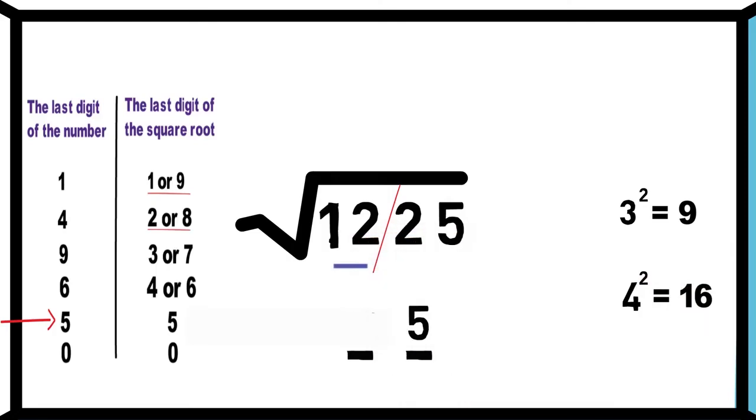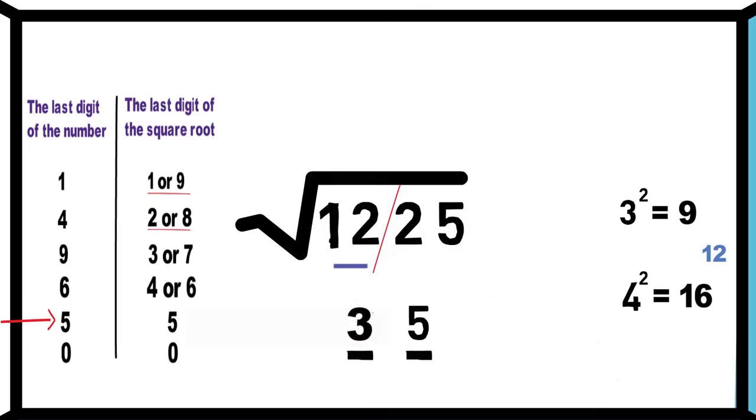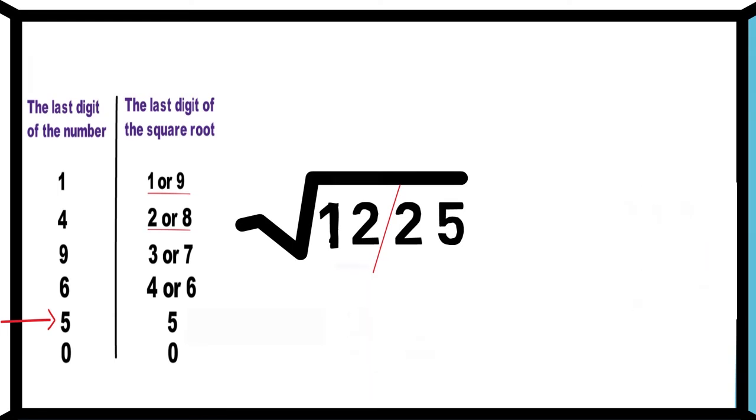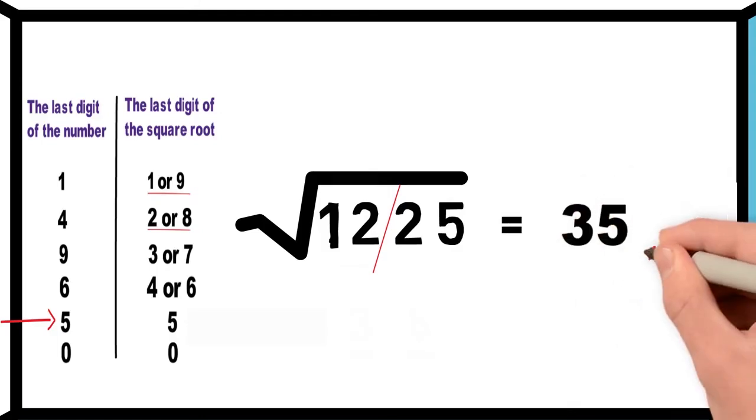This number 12 lies between 3 square and 4 square. For the starting digits, we always take the smaller number, that is 3. It means the square root of 1225 is 35. This is our final answer.